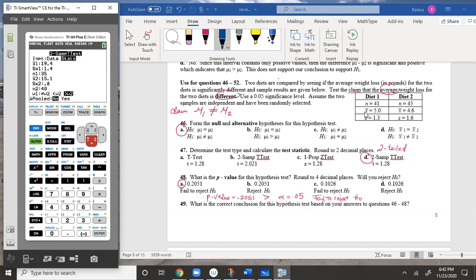The sample mean is 5, standard deviation is 1.3, N is 41. In diet 2, the mean is 4.6, standard deviation is 1.6 and N is 45. It's not equal.